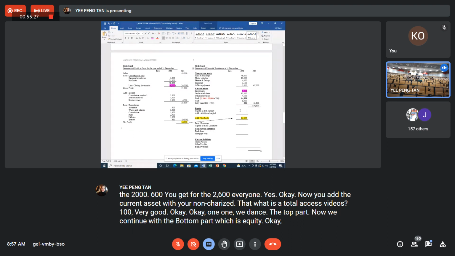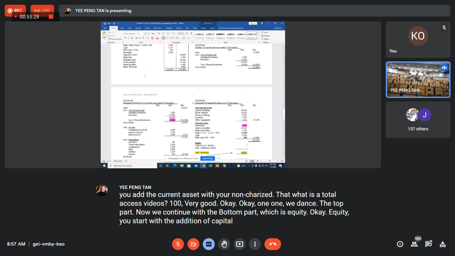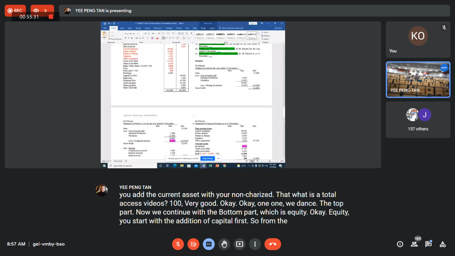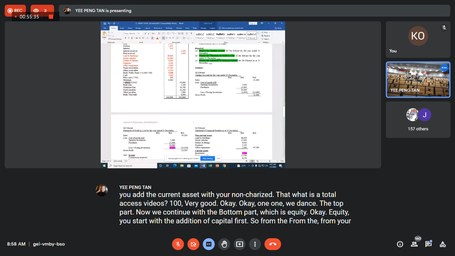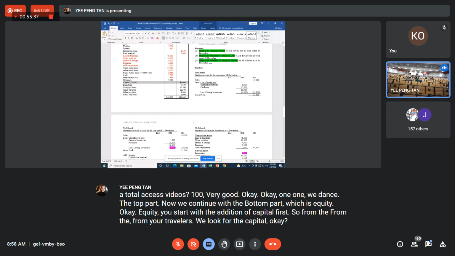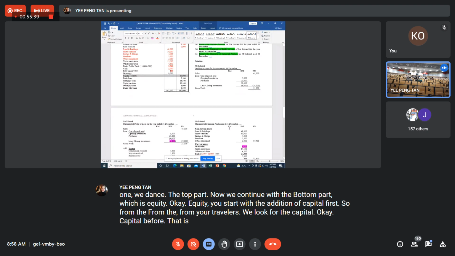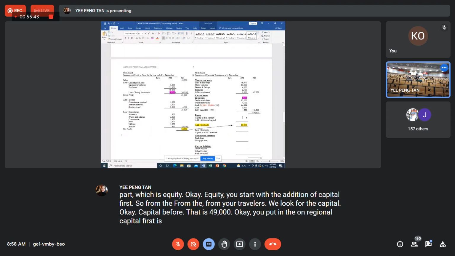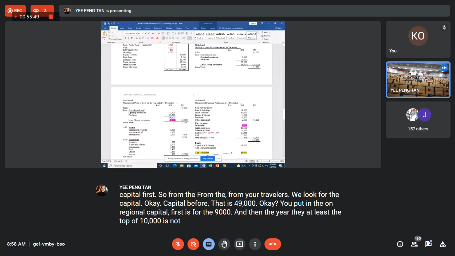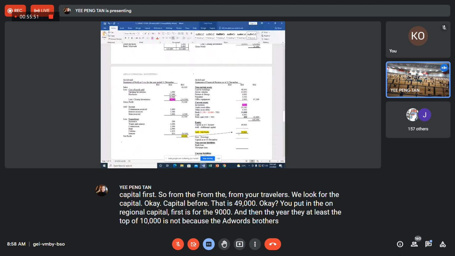Okay, equity, we will start with the additional capital first. From your trial balance, we look for the capital. Capital before that is 49,000. You put in the original capital first, 49,000. Then during the year, they top up 10,000, because the Edwards brothers gave him 10,000.